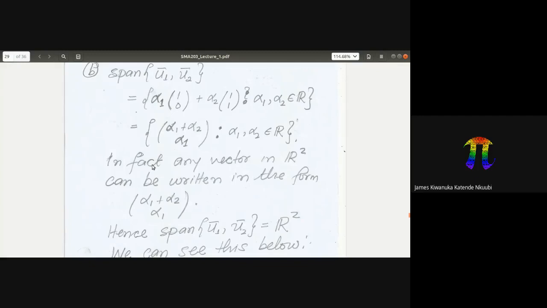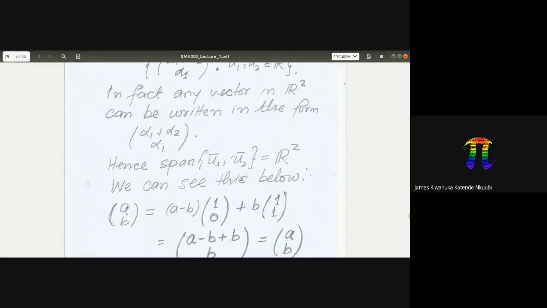Later on we'll see that this is true, but for now we can just observe that any vector in R2 can be written in this form: (alpha 1 plus alpha 2, alpha 1).